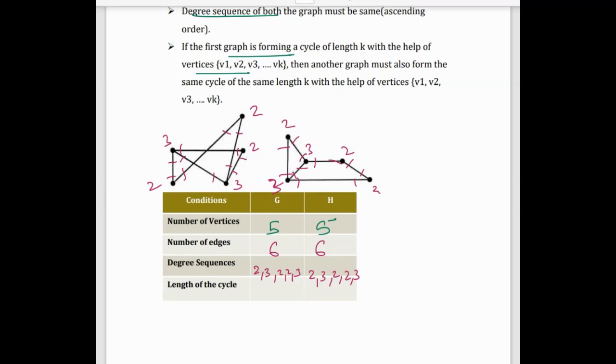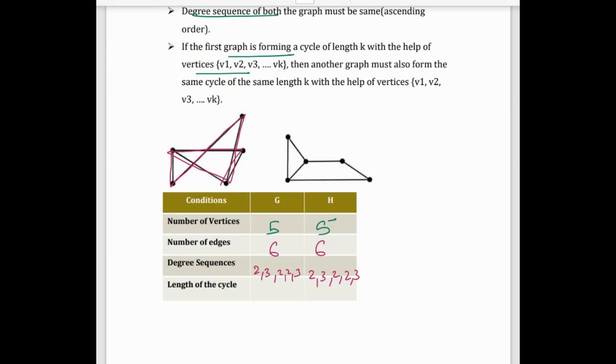Then the last one we'll check is the length of the given cycle. The length of the cycle should be the same.